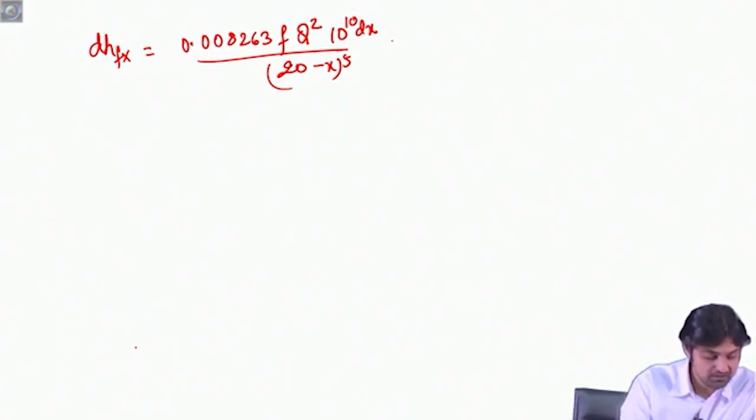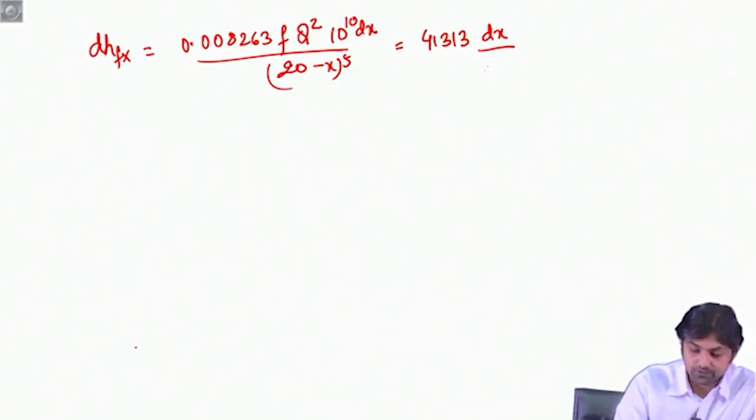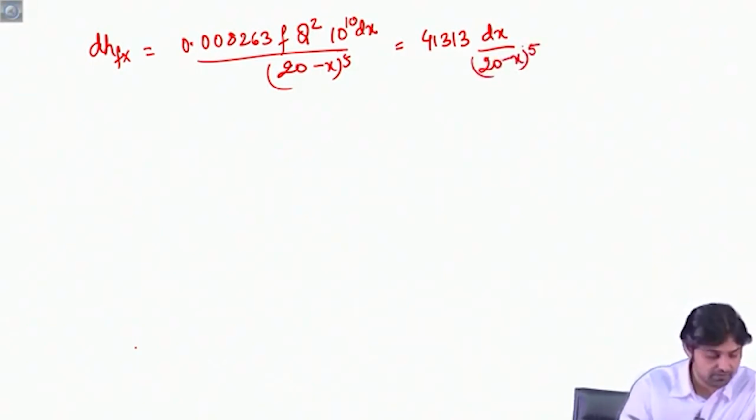Okay. This will be, if you calculate, it will be 41313 into dx by 20 minus x to the power 5.